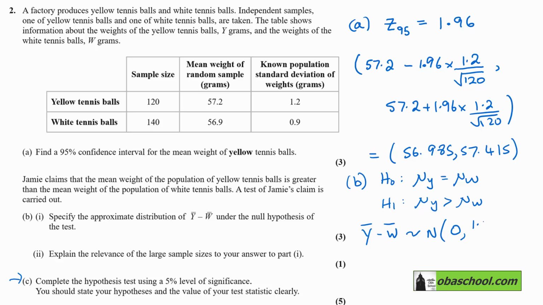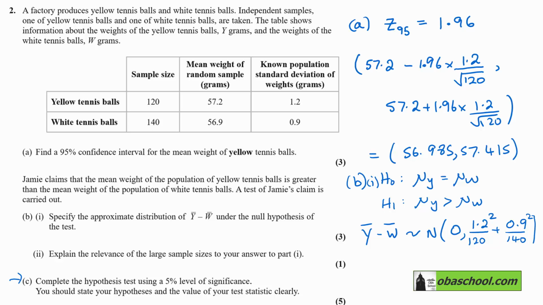So that's going to be 1.2 squared. Remember that the variance is the square of the standard deviation, but we have to divide here by the number in the sample. And then for the white tennis balls, it's 0.9 squared over 140. So that's B part 1.